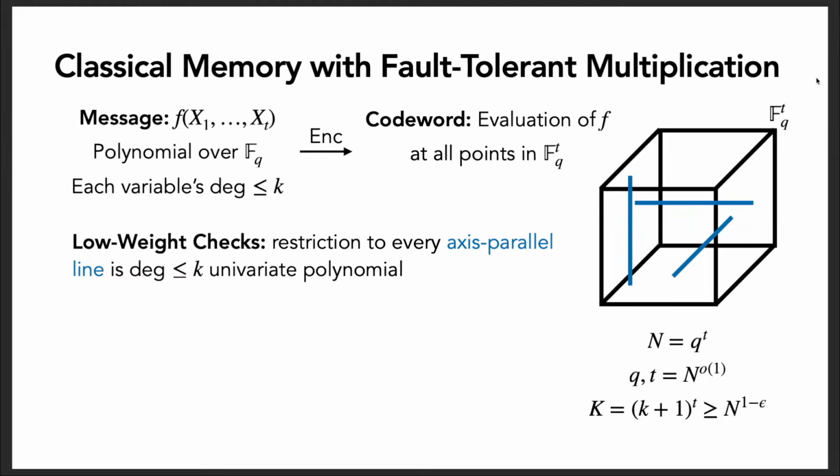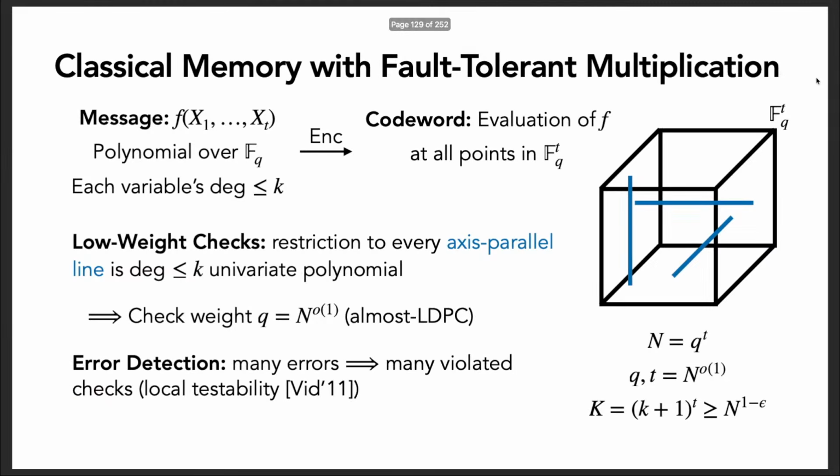The restriction to every axis-parallel line, just by definition of a multivariate polynomial, will be a degree k univariate polynomial. So we can check any q bits along a line, and we should see a low degree univariate polynomial, which means that we have a natural way of detecting errors.